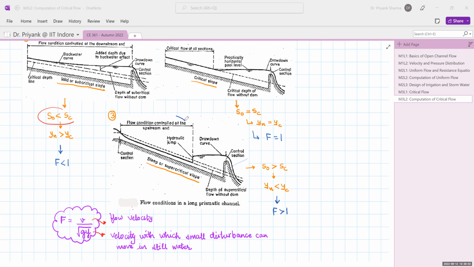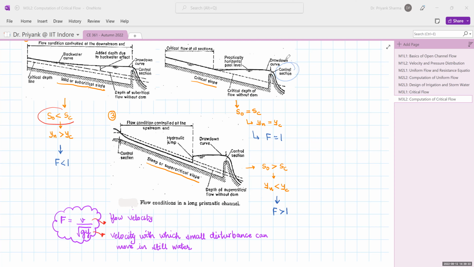The construction of a dam can make the conditions upstream subcritical, and in critical flow there is no change because the flow velocity and the velocity of the disturbance are equal, and that is why the section at which your flow is critical is called a control section.